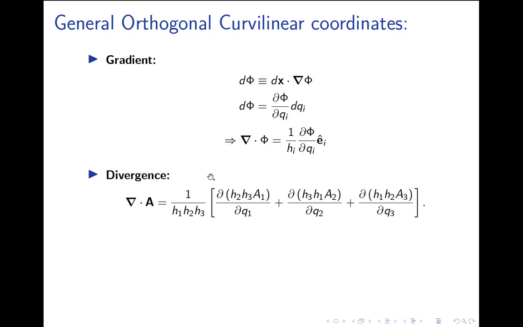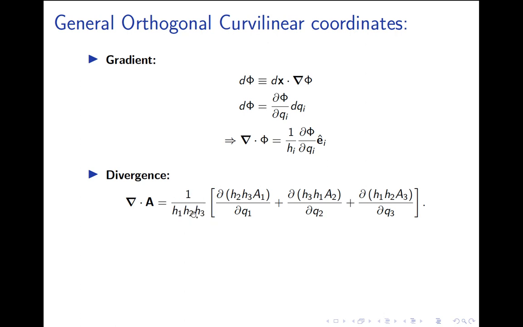The divergence of A, again you use the general way of determining this using the geometric meaning of divergence. You take an infinitesimal volume and then compute the flux and divide by the magnitude of the volume. That gives you the divergence, in the limit the volume approaches 0. So that is given by this not so pleasant looking expression. However, there is a pattern to this.